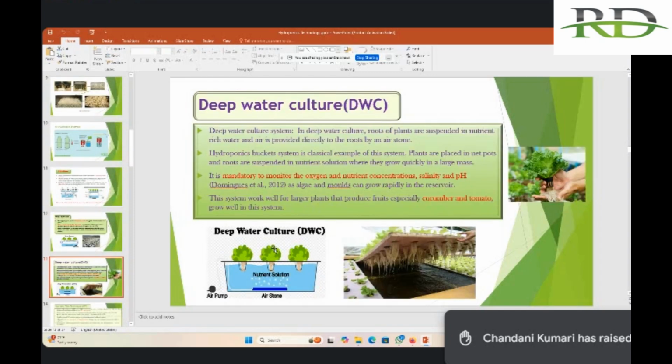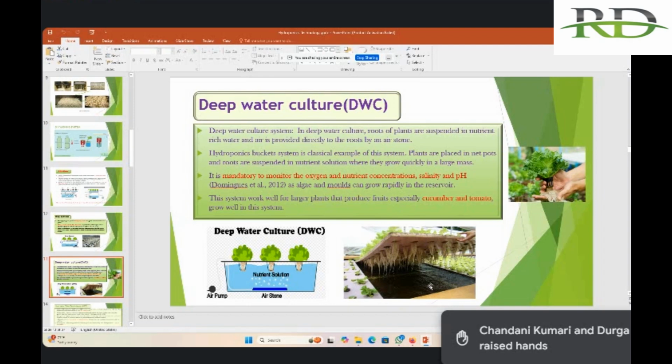Now we move on to the fourth one, that is the deep water culture. In this, the roots are directly submerged in the water, as you can see in this picture. The nutrients are there, and the roots are directly submerged in this nutrient-rich solution.